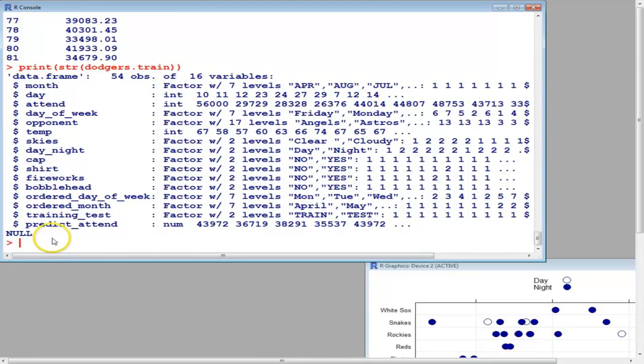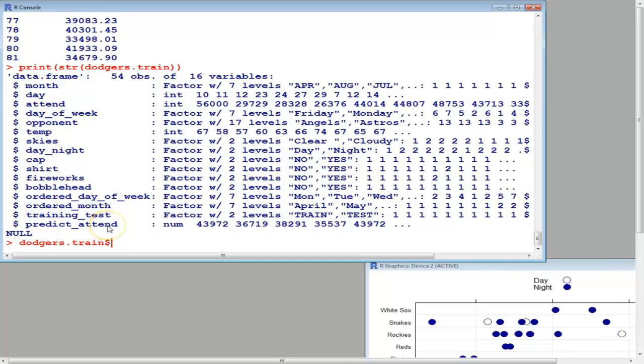So I should type Dodger's train, dollar sign. What's the name of attendance? I think it's called attend. This is predict attend.